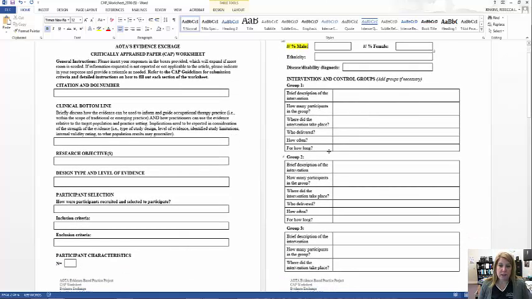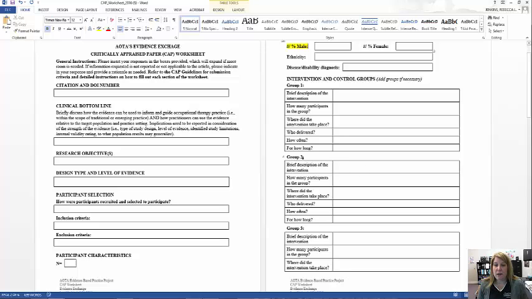You can add groups in if you have more than 3 groups or 3 interventions. This says group 1, but it also means intervention 1. So if you have a control group, I'd answer that for group 1. Group 2 might have had multiple interventions.